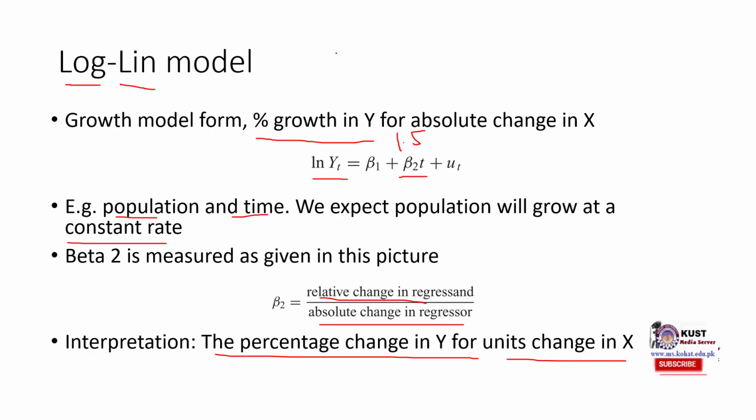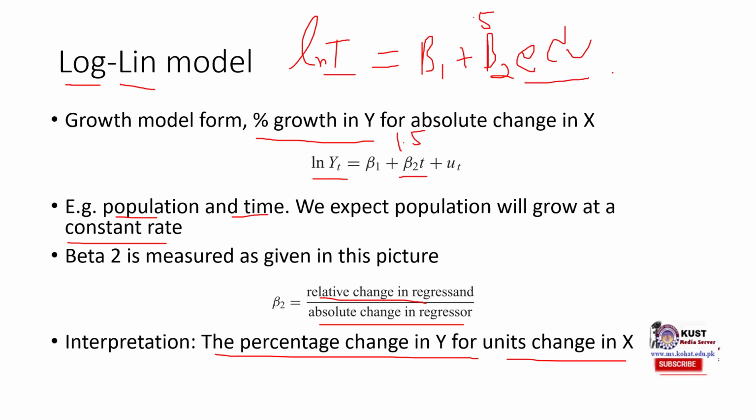To give you another example, let's say we have log of income, and beta 2 on education. Theoretically it might not make sense, but just for the sake of understanding, if the beta turns out to be 0.5, then, because education is not in log form, the interpretation would be that for every 1 year increase in education, the salary would increase by 0.5%.